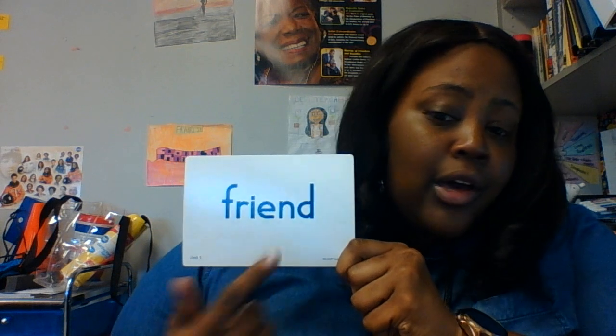We have often, which is one of those high frequency words that don't follow our typical sound rules, because typically we would think that often would have two F's. It only has one. And then we have friend, and friend is another word like that. It has a random I, where we would think it would just be friend.